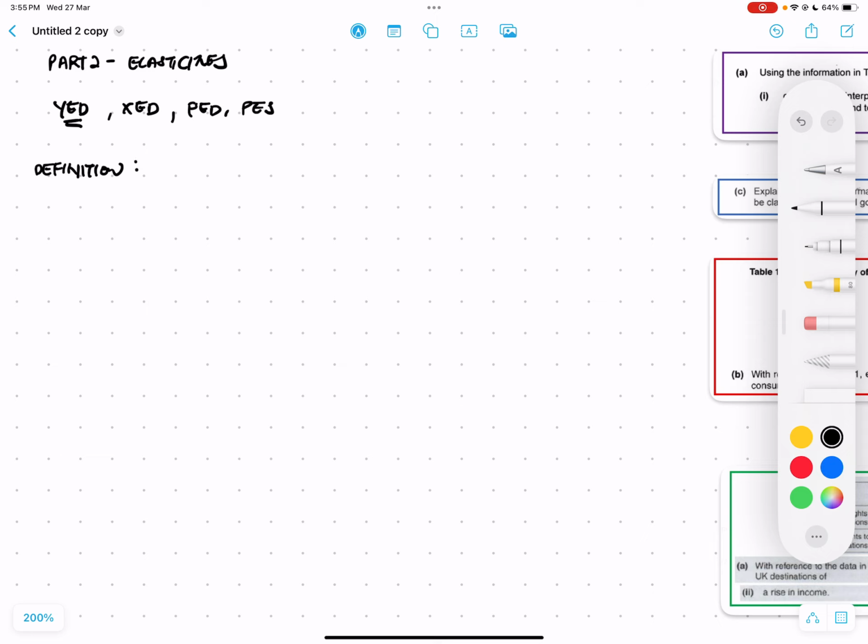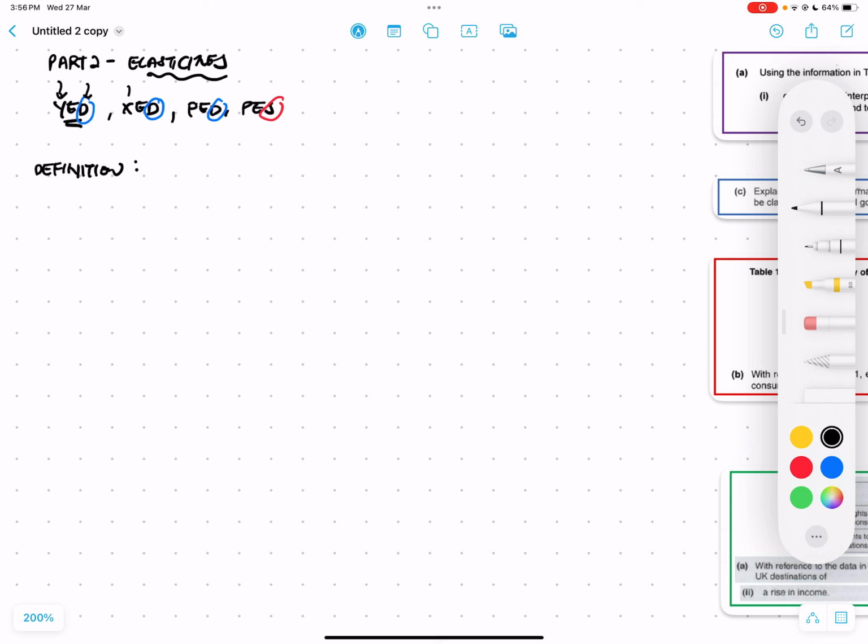Okay, so we're going to start with the definition. Before I get to the definition, what exactly are these elasticities? Elasticities measure how either demand or supply changes when a particular variable changes. In the case of income, it's income that changes, and then you see what happens to demand.